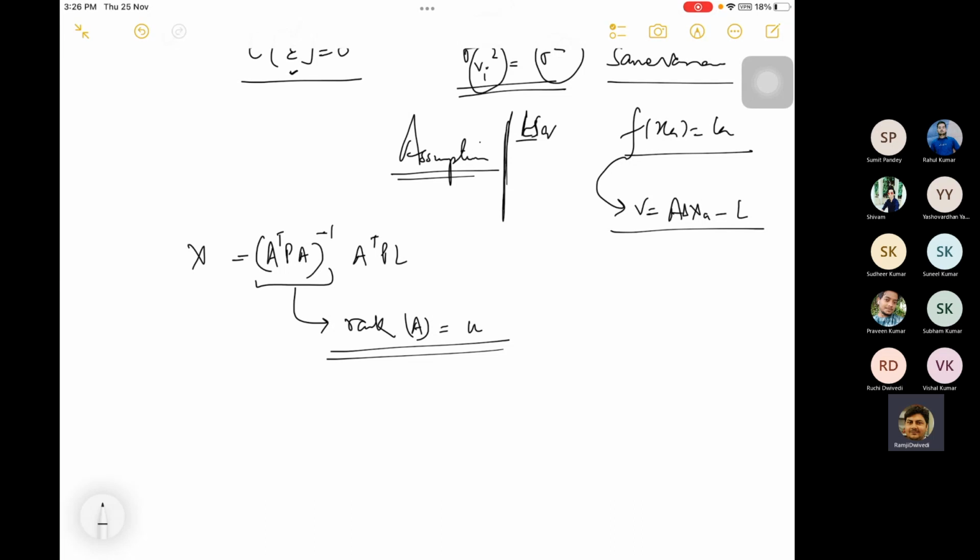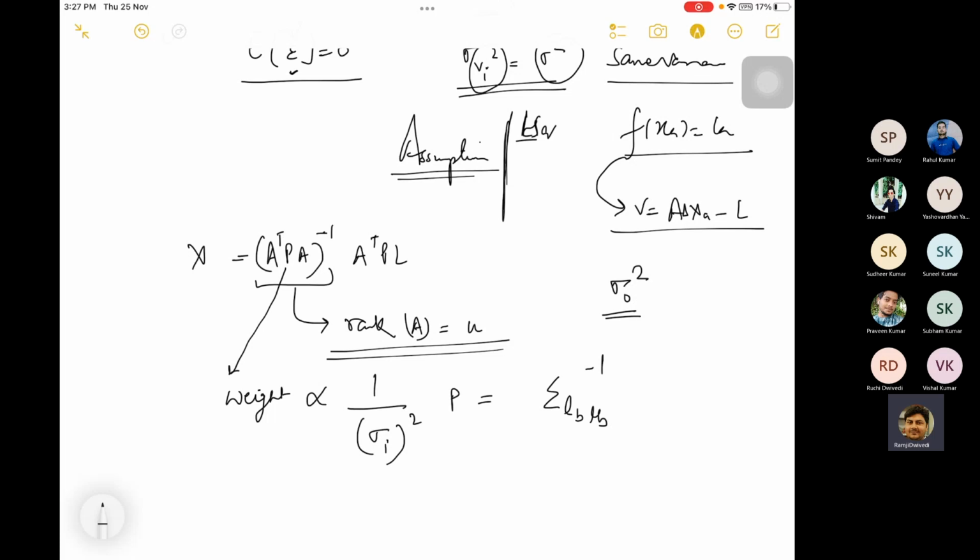We have to choose the values of sigma naught square carefully, because ultimately you would be using P, which we call the weight matrix. The weight matrix is never given in any problem, but in general we know that it is inversely proportional to the variance. So we already have sigma LB in a problem, and we work with sigma naught square times sigma LB inverse for computing the weight.